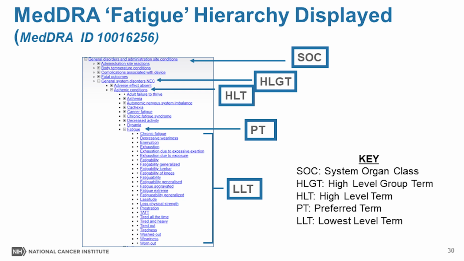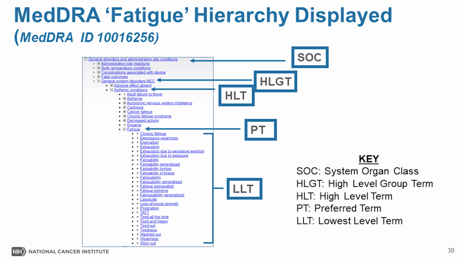And then when you look at the various lower level terms, you can see that these often represent how our research participants might express an adverse event term of fatigue, such as, I'm feeling washed out, I'm just tired all the time, I feel very weary, I'm exhausted.